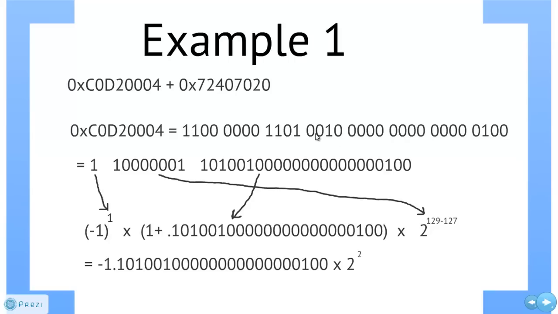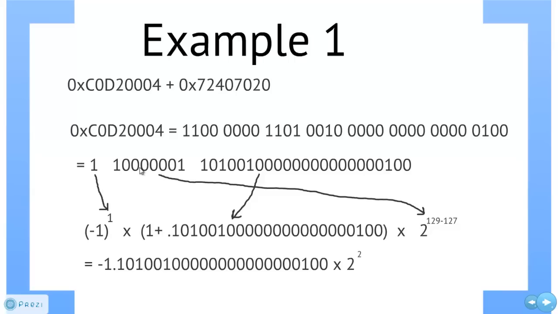And then we're going to need to convert this into the IEEE 754 single precision floating point number. And in order to do this, we need to break it up into three different subgroups, which the first subgroup is going to be the sign, which is 1 bit, then the exponent, which is 8 bits, and then the significand or the mantissa, which is 23 bits long.